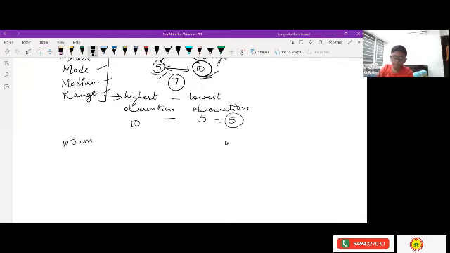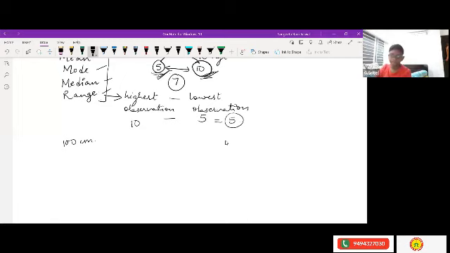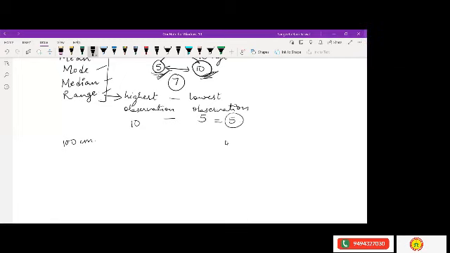No, it's the higher limit. जो आपको रेंज दिया था from 5 to 10, उसमें जो higher limit है and the lower limit है, उसका difference.